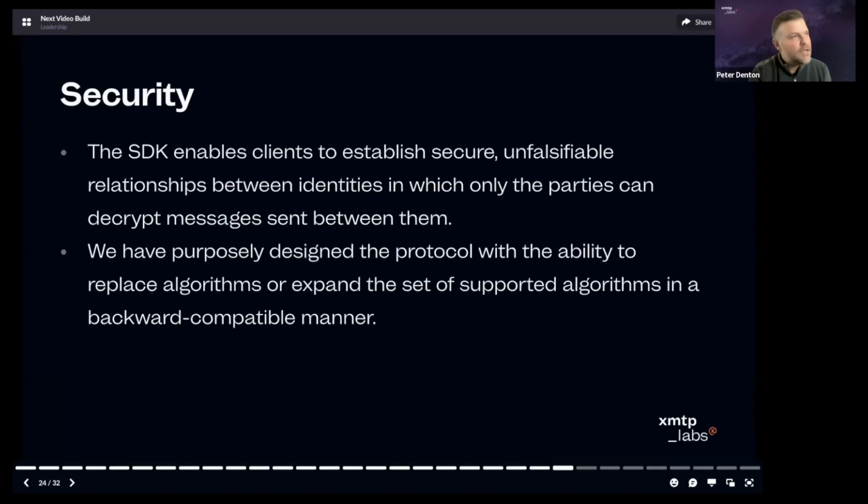They impersonate on Twitter, and then they get people to click links and then rug them. XMTP solves that problem, right? The SDK proves that it's unfalsifiable, that the sender and receiver are who they say they are. And we think that's incredibly important, especially as things start to expand and different companies come into this space. We're really solving that problem.